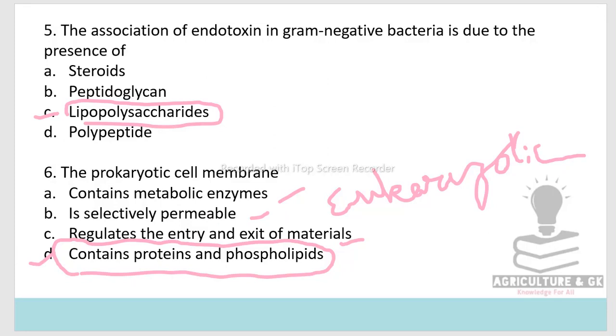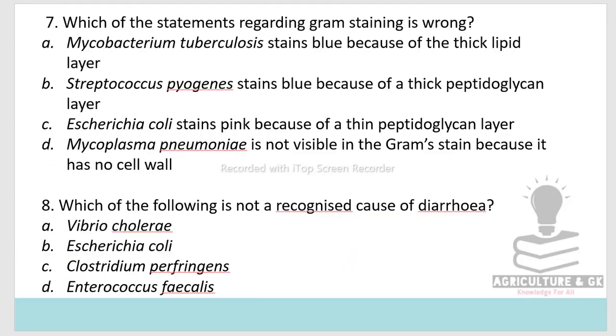Now moving next. Our next question is, which of the following statements regarding gram staining is wrong? Mycobacterium tuberculosis stains blue because of the thick lipid layer. Streptococcus pyogenes stains blue because of a thick peptidoglycan layer. Escherichia coli stains pink because of thin peptidoglycan layer.